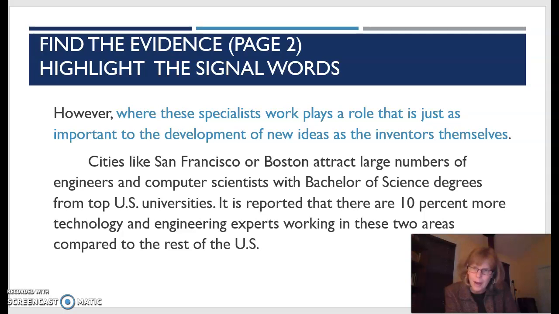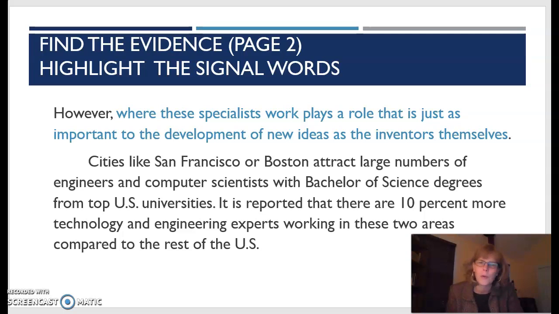Look at this paragraph, guys. And it's a short paragraph. I want you to show me, do you see any of our signal words? So again, on page 4, we had a list of signal words, words that would show us the claim or the evidence that this writer wants to use in order to support the thesis that the location is really important.